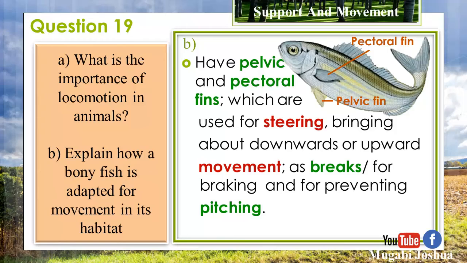So the pelvic and pectoral fins are used for steering, bring about downward and upward movement of the fish, and also act as brakes, preventing the pitching of the fish.